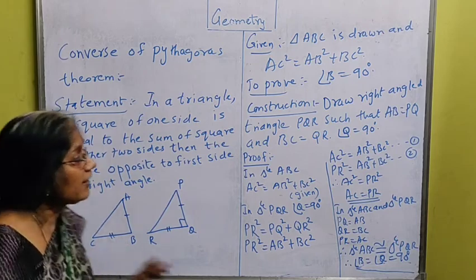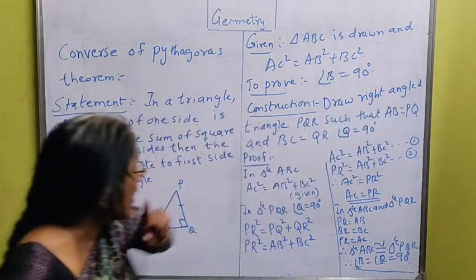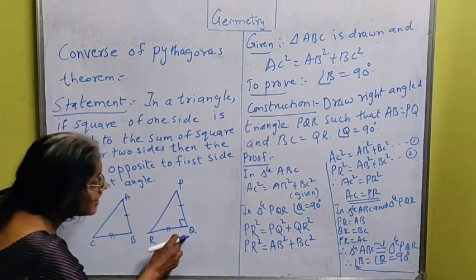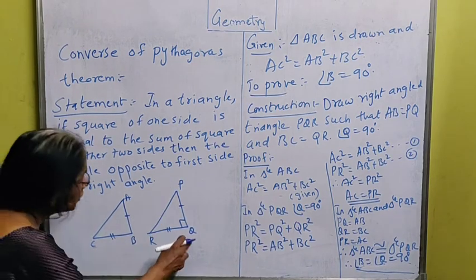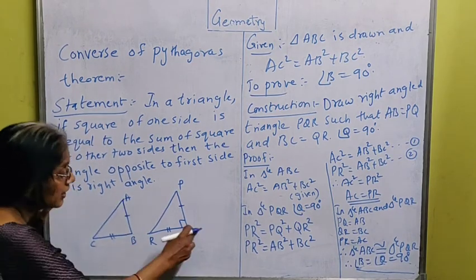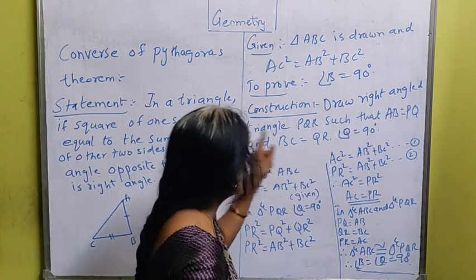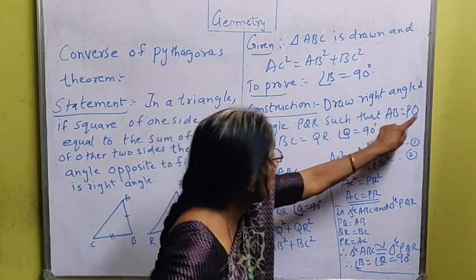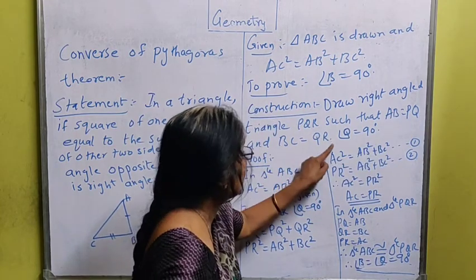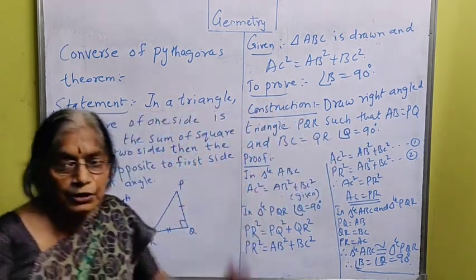But what type of triangle? A right angle triangle, such that angle Q is 90 degrees, PQ must be equal to AB and QR must be equal to BC. That is what we have written: draw right angle triangle PQR such that AB is equal to PQ, BC is equal to QR and angle Q is equal to 90 degrees.